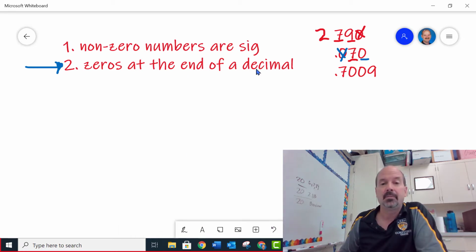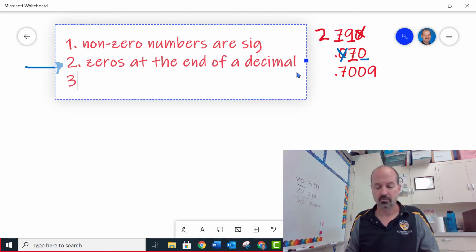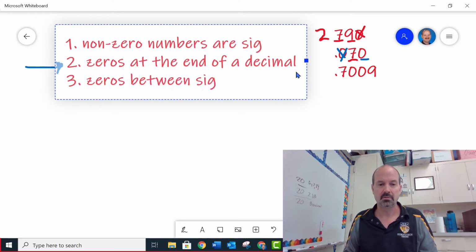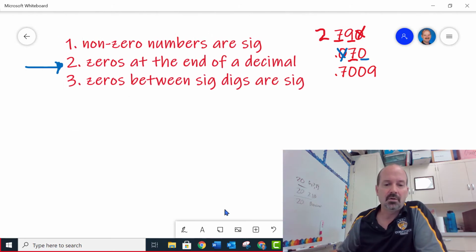All right. And then rule number 3: zeros between significant digits are significant. We'll call that the green rule.